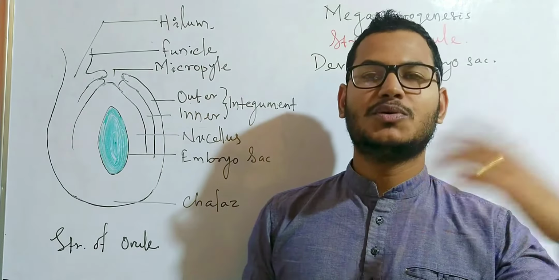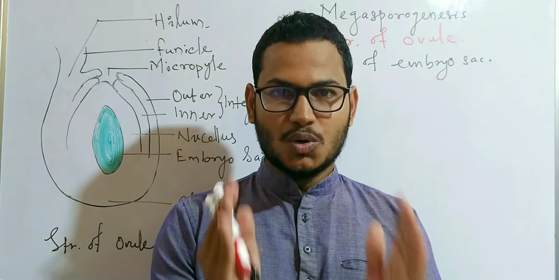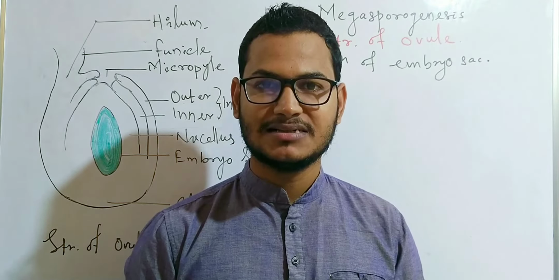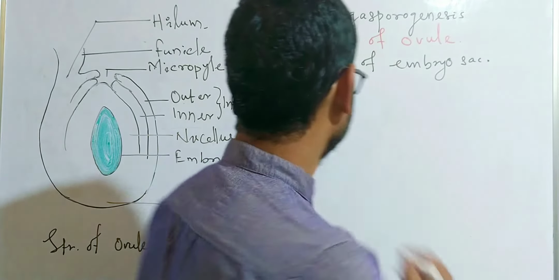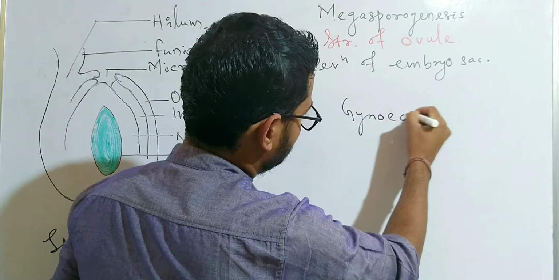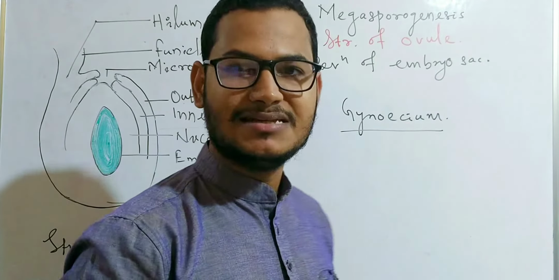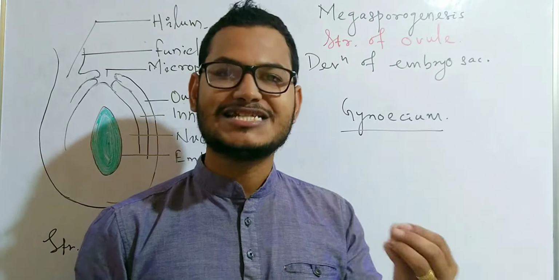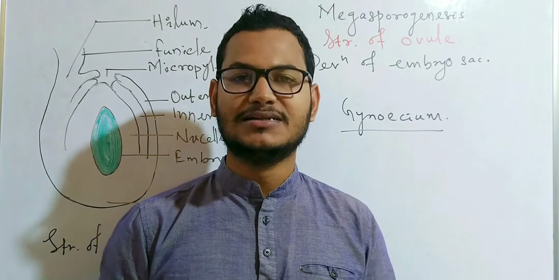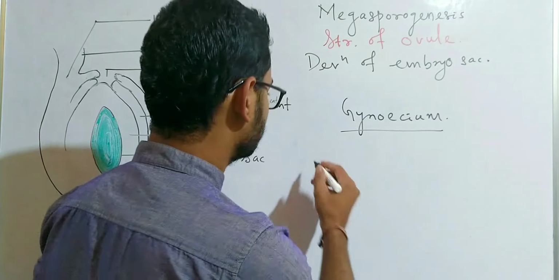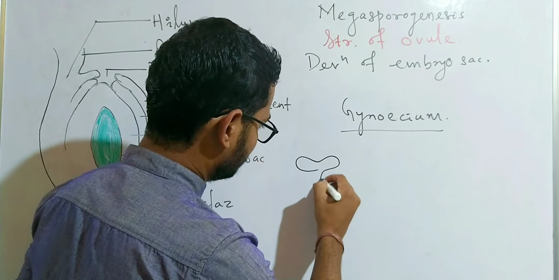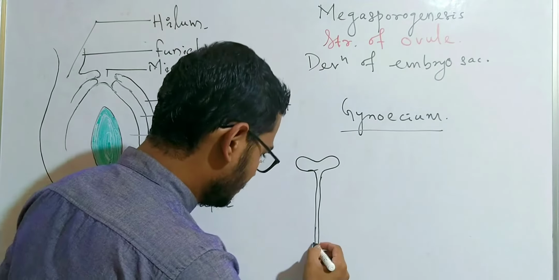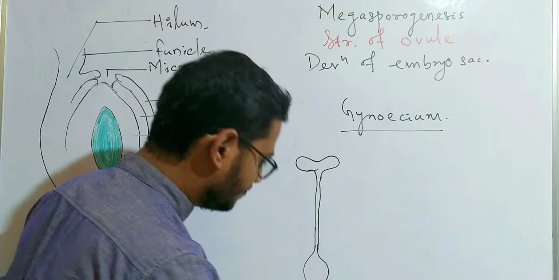So remember, before going into detail, we should know that the female reproductive part of an angiospermic plant is called gynoecium. The gynoecium is made up of many pistils, and the pistil has three important structures: the stigma, the slender stalk called the style, and at the base the bulged ovary.